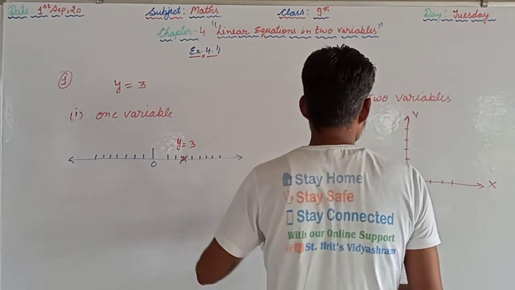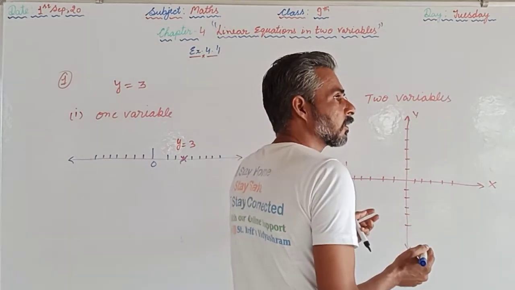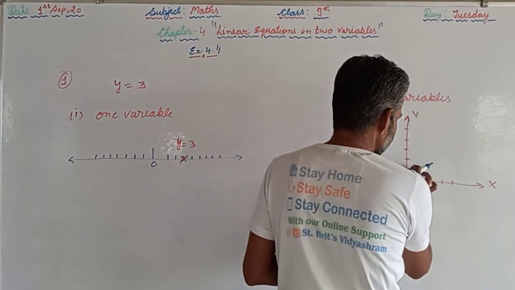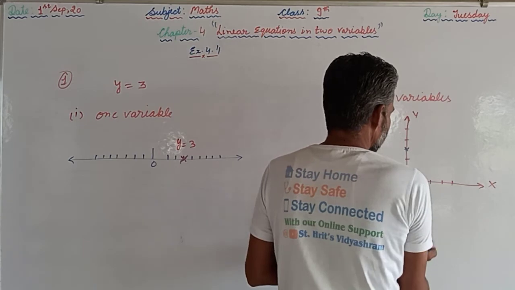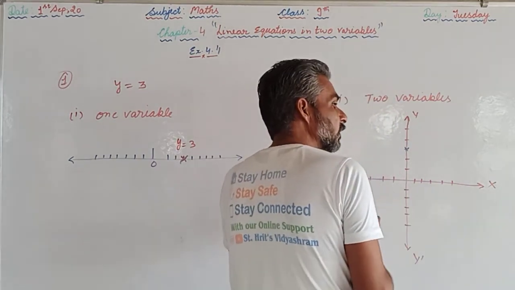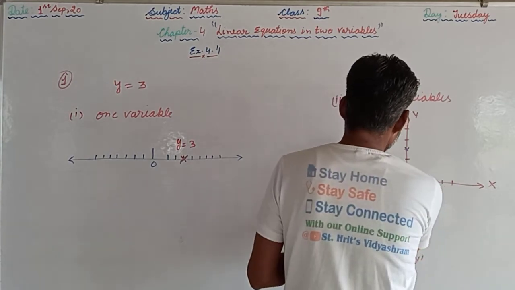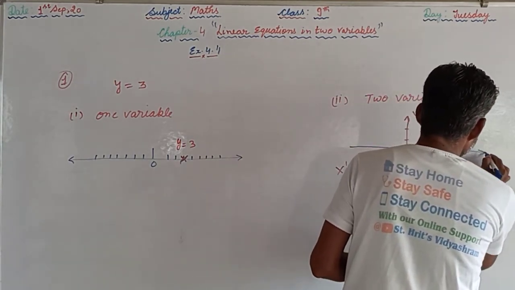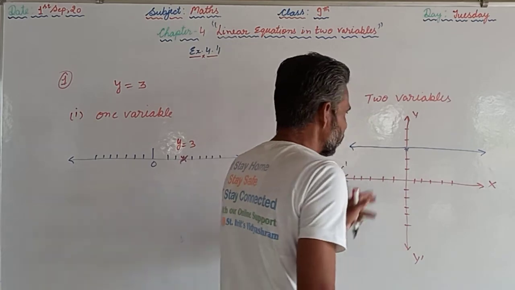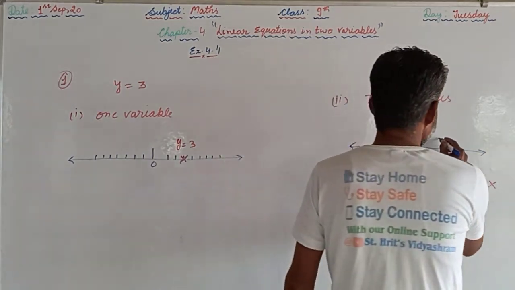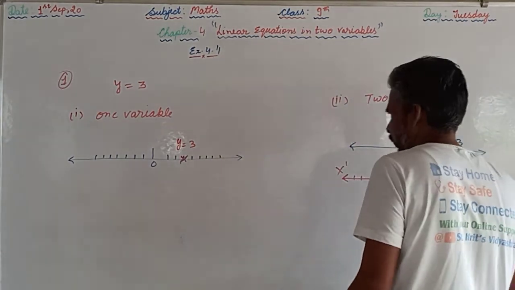So here we have y is equal to 3. We have the value of y only, so on the y-axis 1, 2, 3. For each value of x there will be the same value of y, that is 3. So at 3 there will be a line parallel to the x-axis; this represents y is equal to 3.